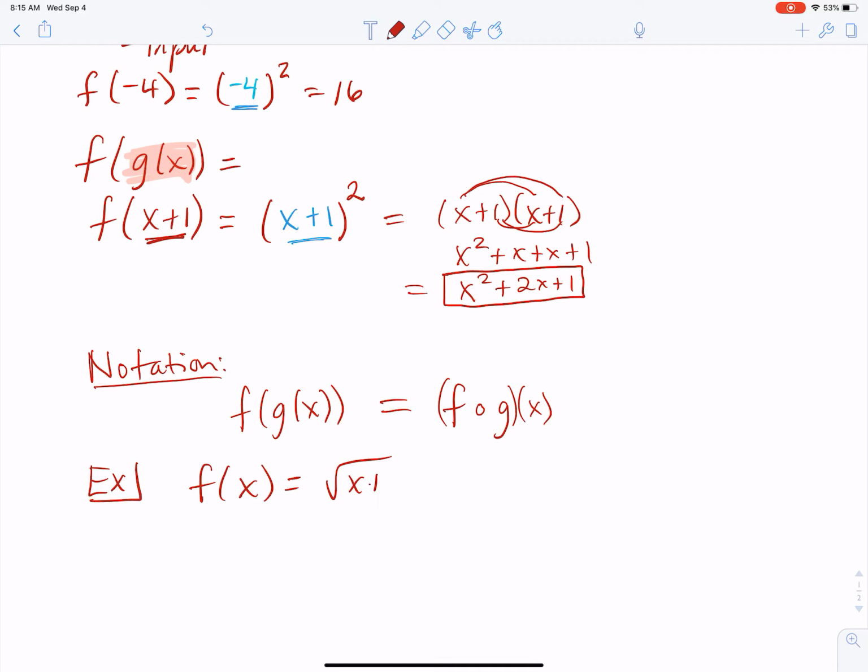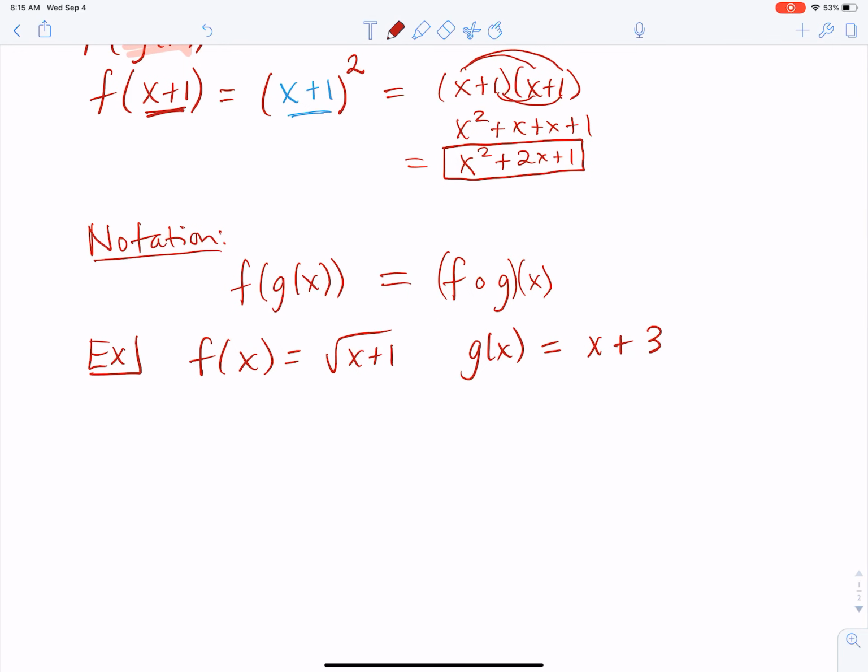We could have f of x equals square root of x plus 1, and then maybe g of x equals, let's go with x plus 3. So in a problem like this, I could ask you to find f of g of, let's do -3.